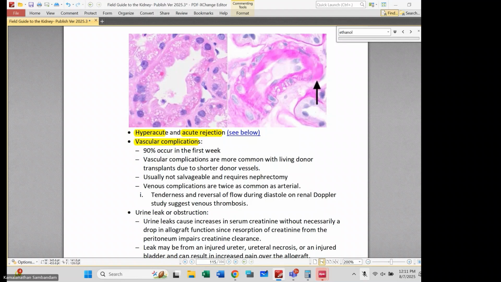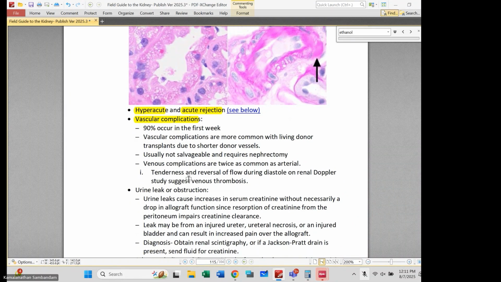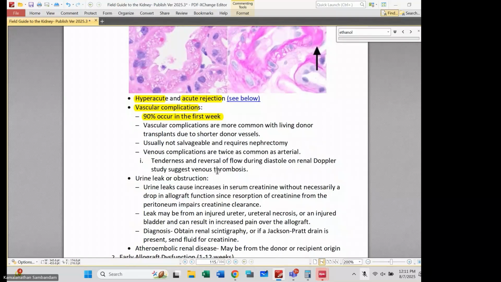So AKI or impaired graft function in the immediate post-transplant period. Certainly, you need to think about vascular complications as another category of possibilities that explain allograft dysfunction immediately post-transplant. Most of these occur in that immediate post-transplant period.